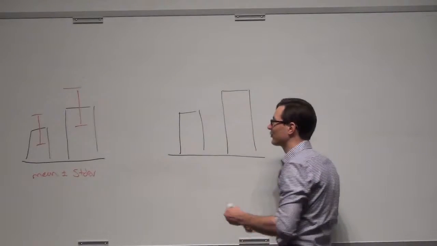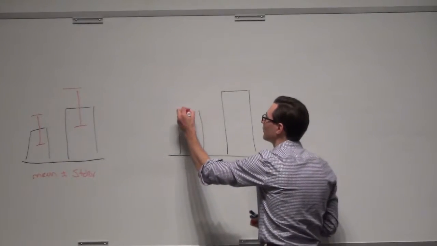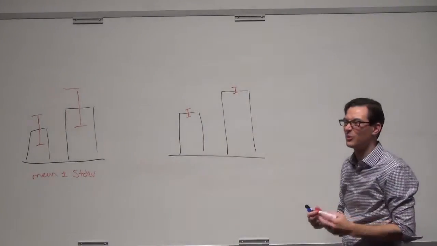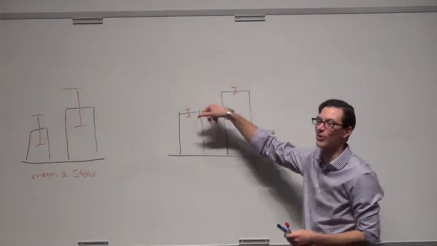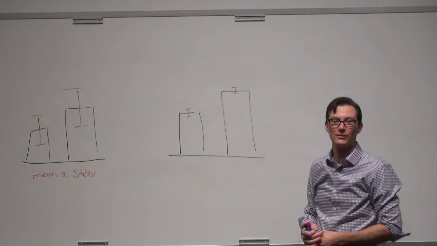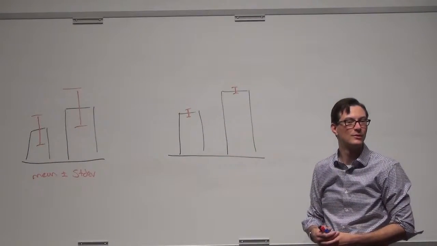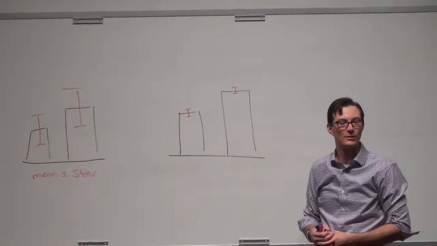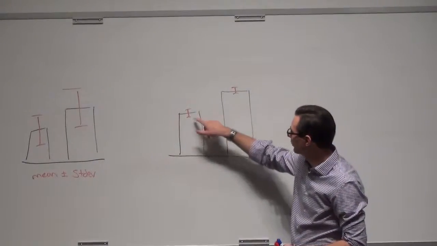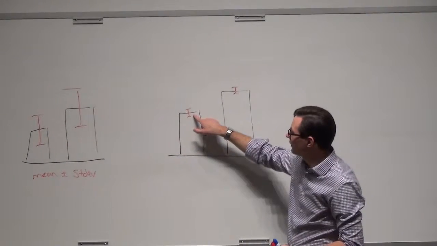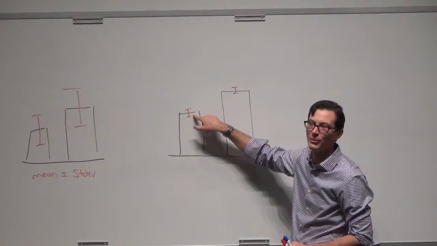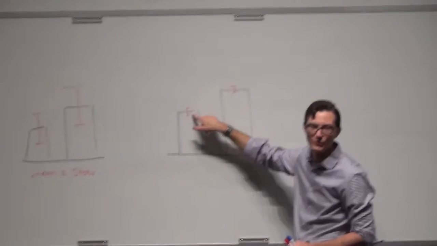What about the mean plus or minus the standard error? What does that tell you? What lives inside these bars? What's the difference between the sample and the population? Right. So what lives between these bars is where the mean might be if you sampled it again, or many times.